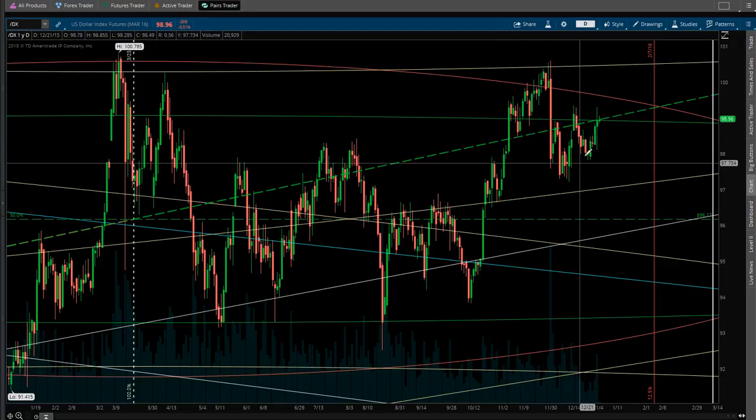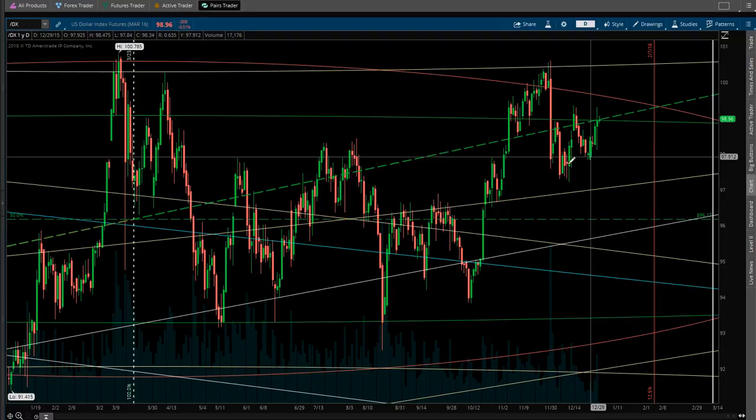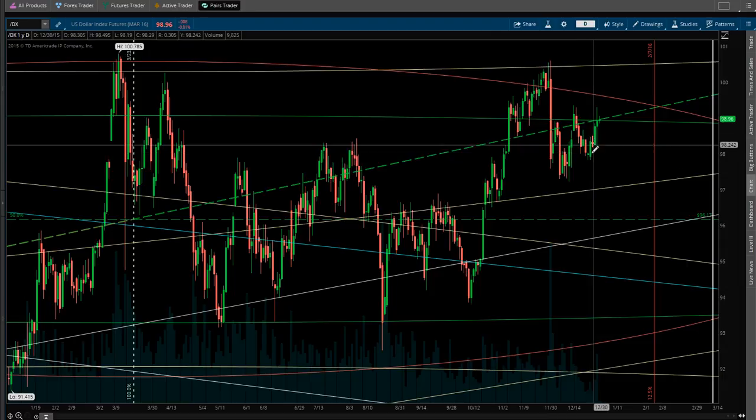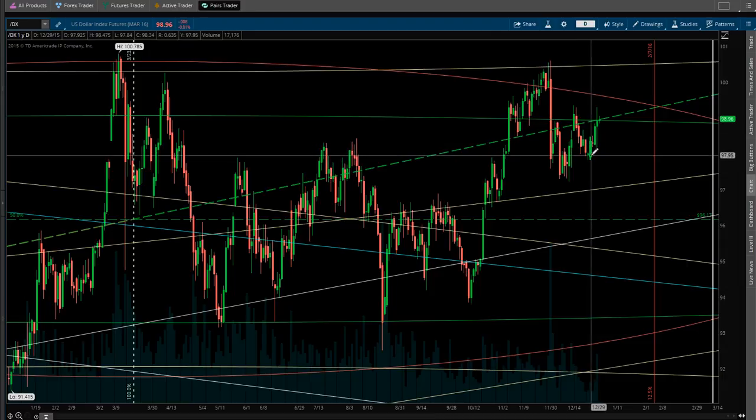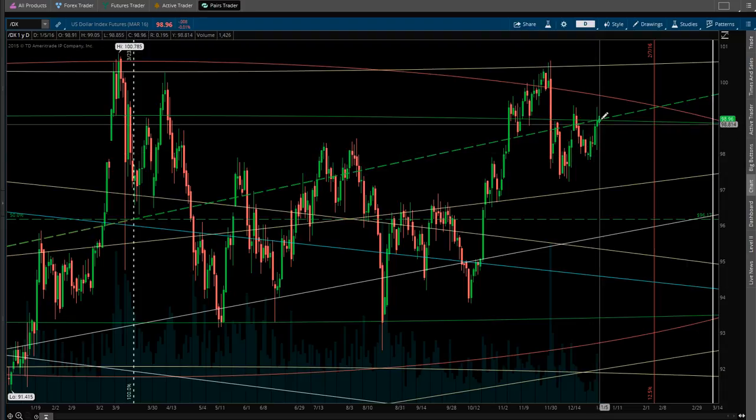I didn't buy anything here, but I did buy here, from around 97, I think it was 97.95 around there, and we're chopping around right here.